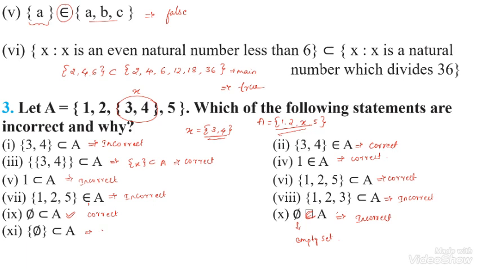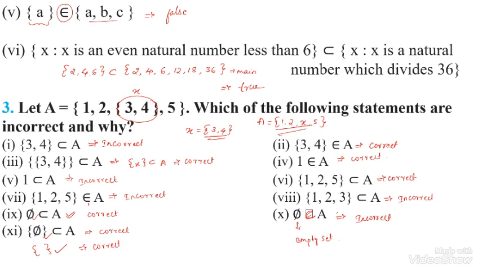Yes, correct. Because if you write like this, it is also correct, or else if you write like this it is also correct, and another representation of the set, this is also correct. The empty set can be represented in this form and this form, or else this is also a correct form for representation of the empty set.